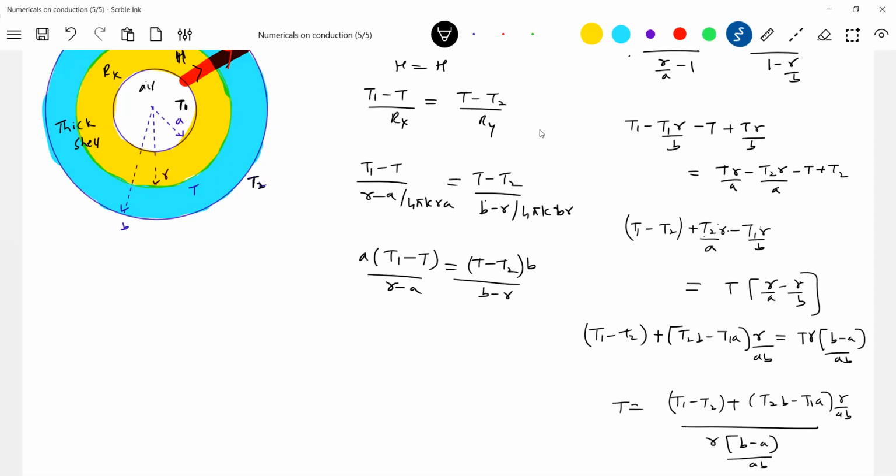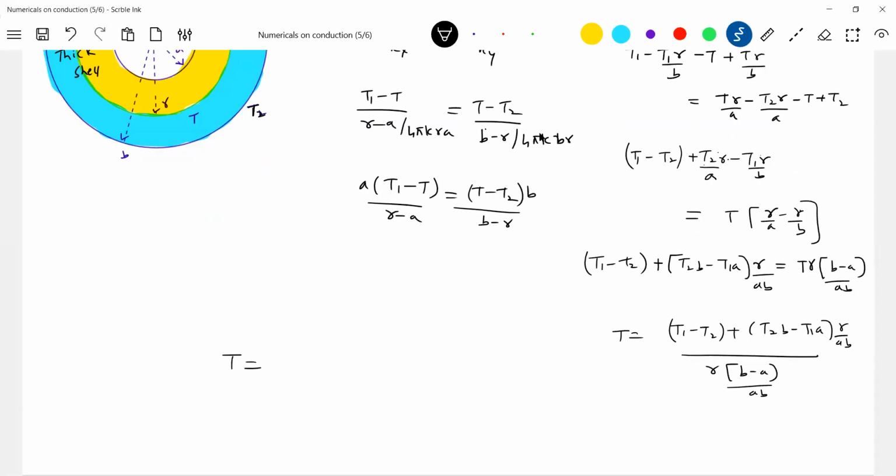This AB, if you want, you can eliminate that also. I'll write the last step. So T1 minus T2 AB. Check this. So this will be our expression, or you can write in terms of T1 also.